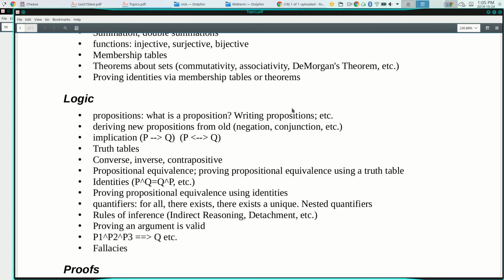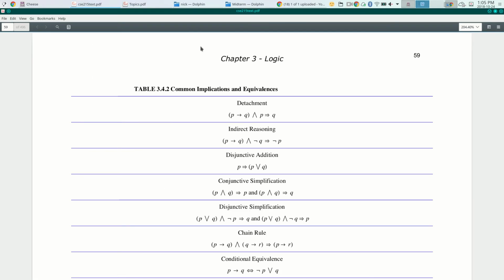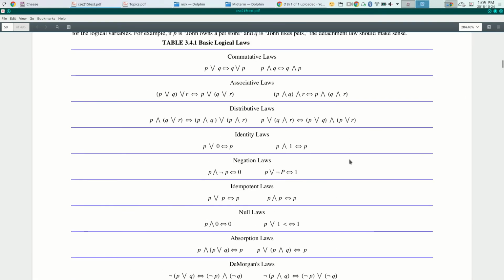And we can prove propositional equivalence using truth tables, just like we can prove set identities or Boolean identities using truth tables. And we also have a set of identities that we can use to prove propositional equivalence. So again, commutativity: P and Q is the same as Q and P. And other things. So pages 58 and 59 in your text, we have all these identities for propositions.